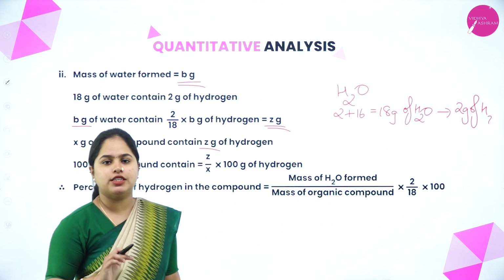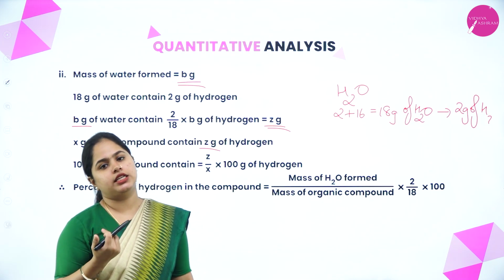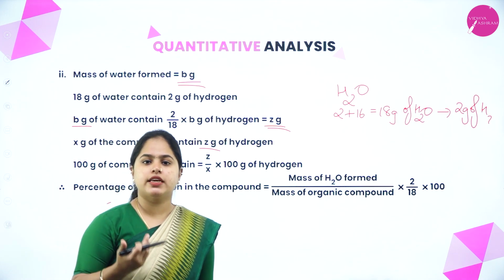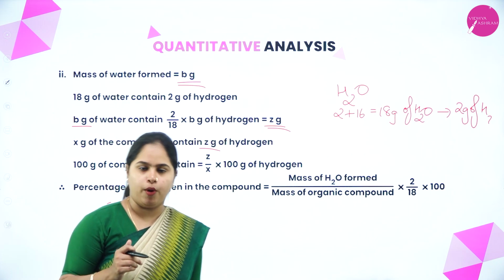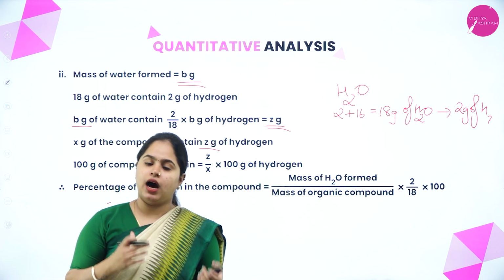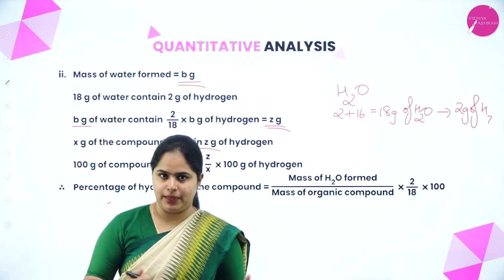So these two equations will give you the mass of carbon and hydrogen which is formed in the reaction. That in turn will give you the mass of carbon and hydrogen present in the organic compound, right? So this is the analysis of carbon and hydrogen using Liebig's method, right?